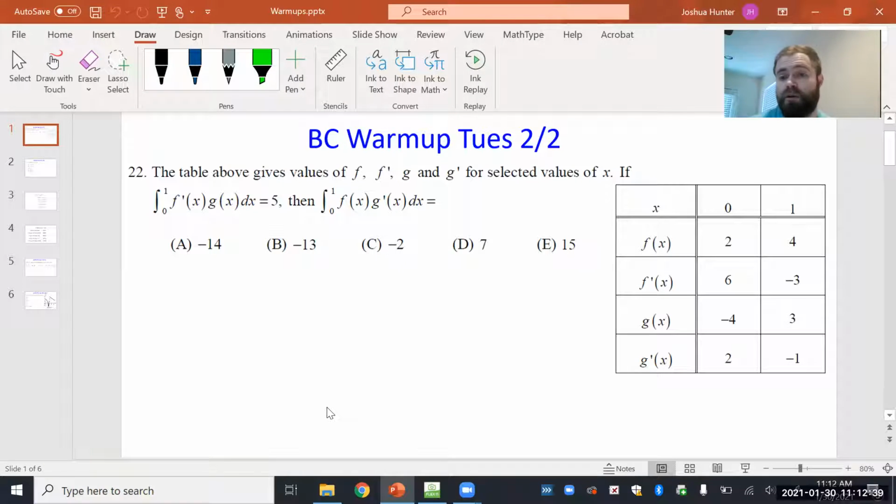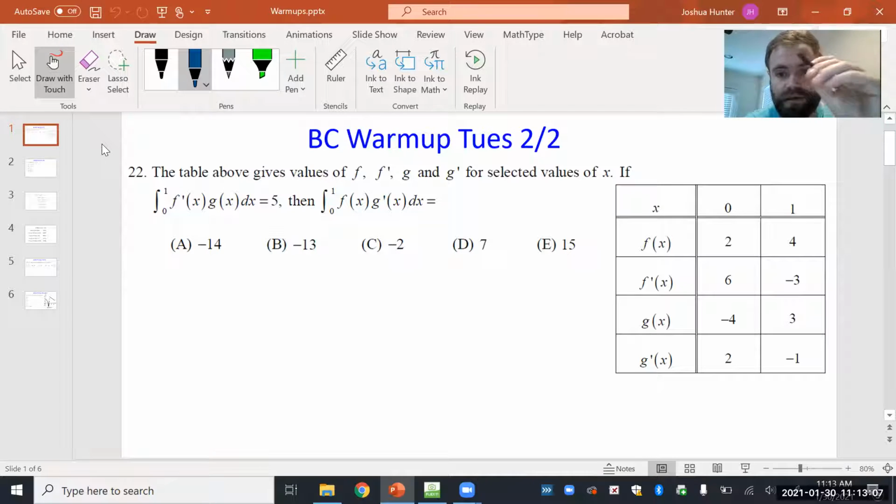Anytime we see an integral of a product of two things, that should indicate integration by parts if normal u substitution does not work. And it wouldn't work here. These are two completely different functions. We don't really even know what functions they are. So normal u substitution won't work. But we have a product of two things, so it's probably integration by parts.